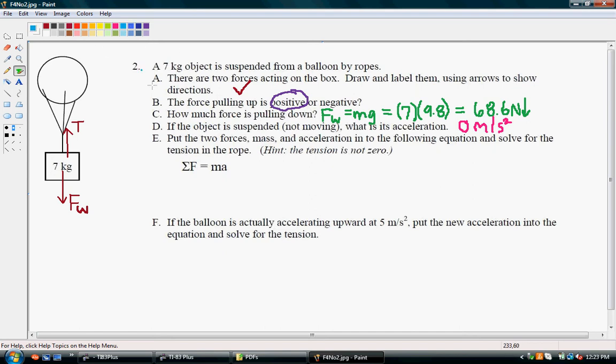Alright. So put the two forces, the mass, and the acceleration in the following equation and solve for the tension in the rope. Hint, it's not 0. Well, we know that force equals mass times acceleration. And this here means the sum of the forces. In case you guys are wondering, what is that weird looking E thing? It's the sum of the forces.